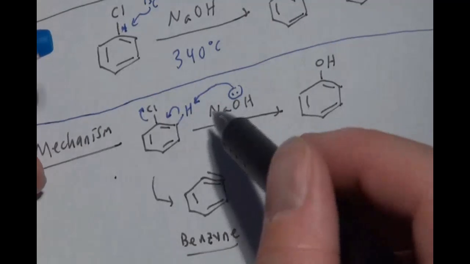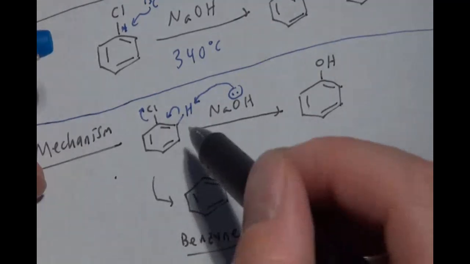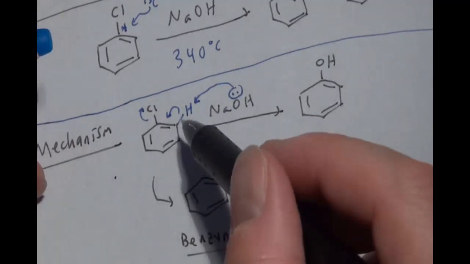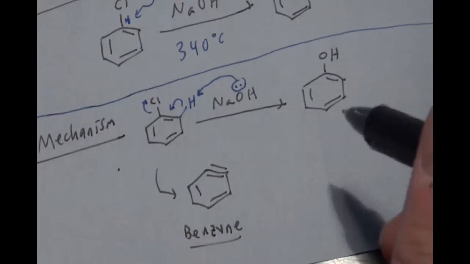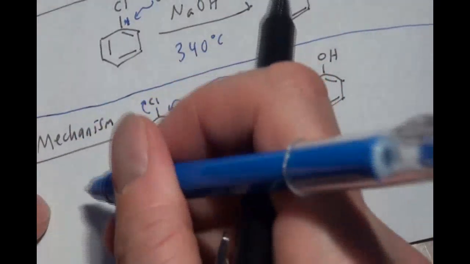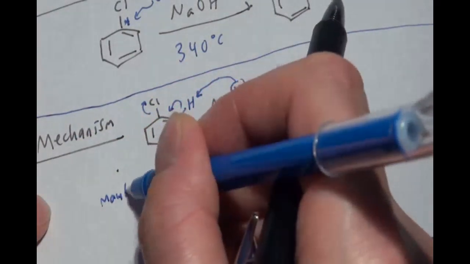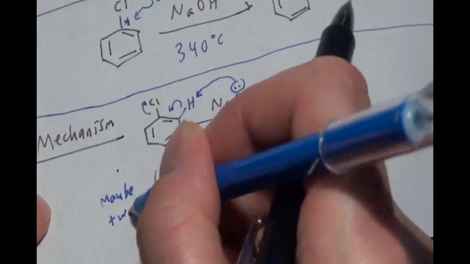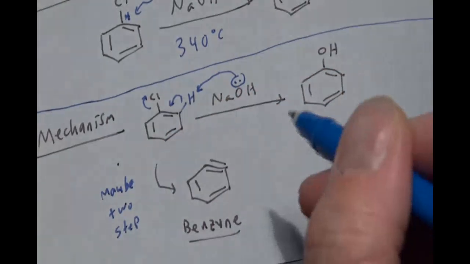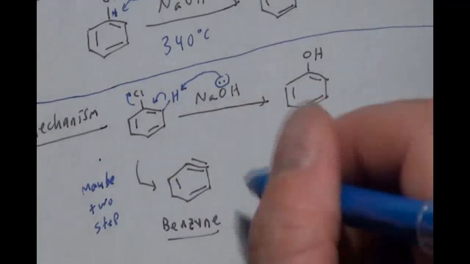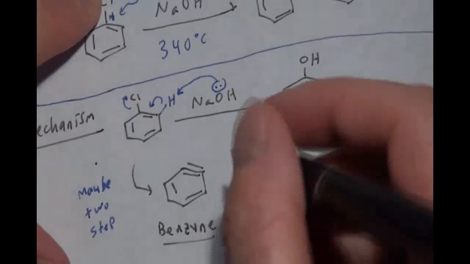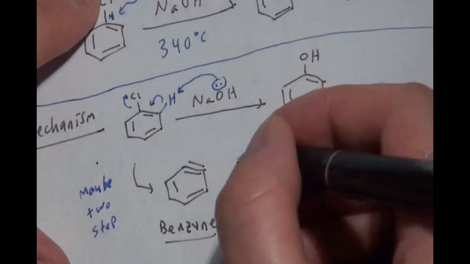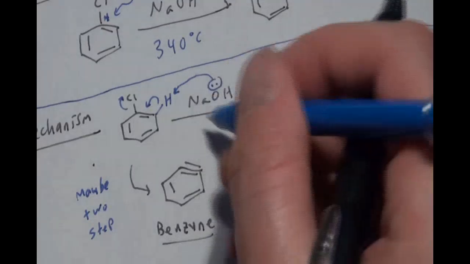So hydroxide takes the proton and then kind of just forms the other bonds, although it may actually be two-step. If I ask about this on a quiz or something, this is totally fine. So yeah, benzyne forms.